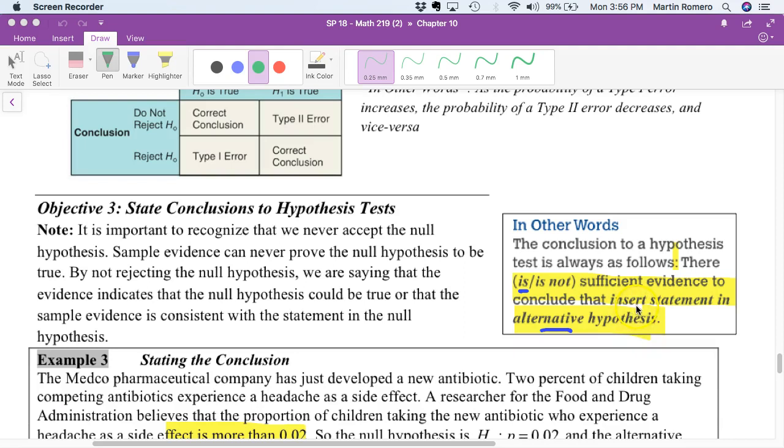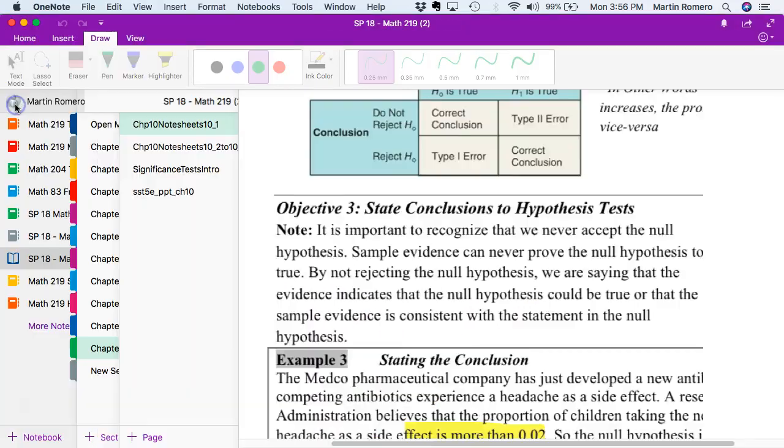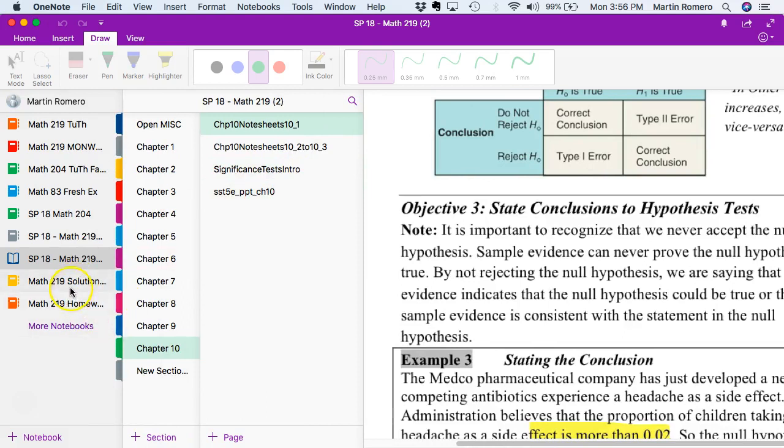In this case, we don't have sufficient evidence to support the alternative hypothesis. And so that's what we're going to end up saying here as the conclusion for the homework question there.